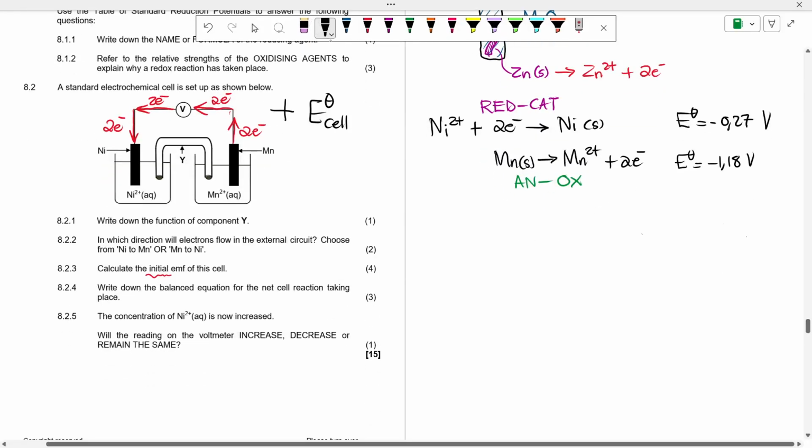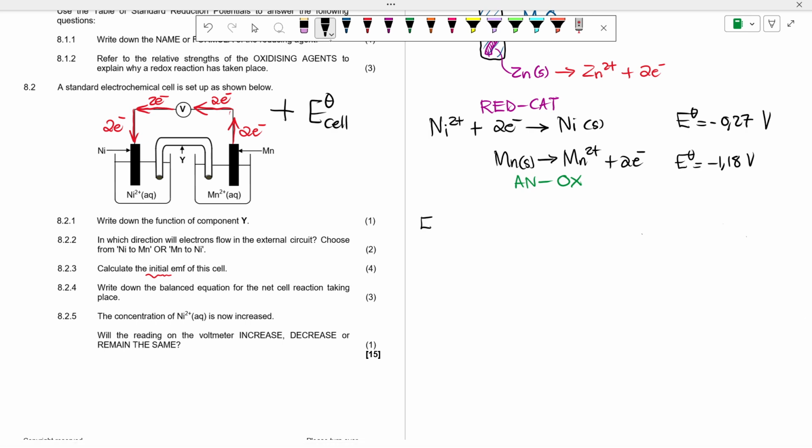So you go and write your equation down. Why? Because there's gonna be a mark for that. So E naught cell is equal to E naught reduction minus E naught oxidation.